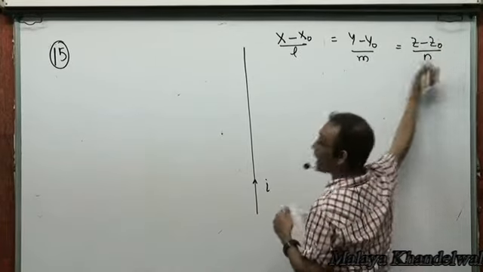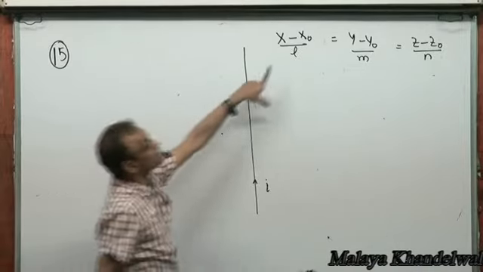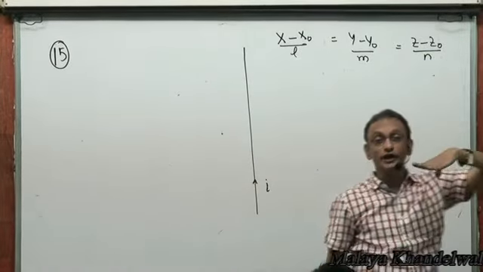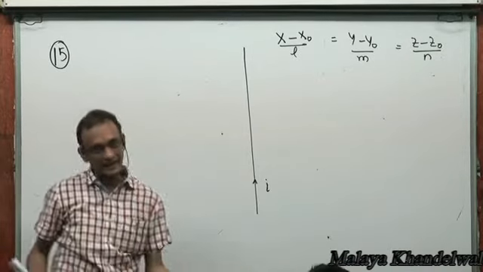L, m and n are direction cosines. This is a line passing through a point x naught, y naught, z naught, and parallel to a unit vector Li cap plus mj cap plus nk cap.